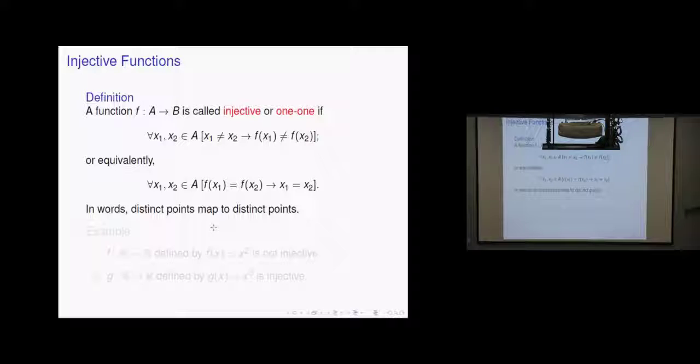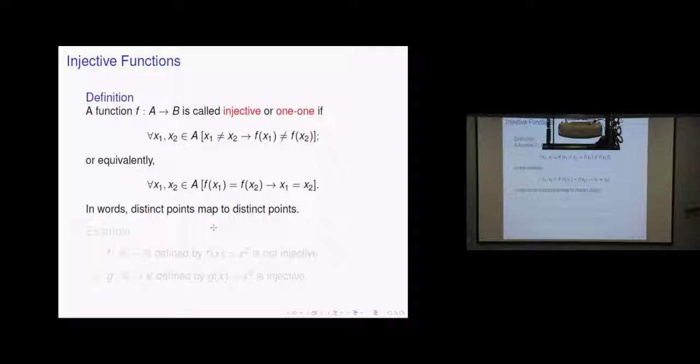Okay, so a function f from A to B is called injective or one-to-one if I send different points to different points. If for every x1, x2 in A, if x1 and x2 are different, the images of them are different. Okay? Or you can take the contrapositive in the square bracket. Contrapositive means P arrow Q is equivalent to not Q arrow not P. Right?